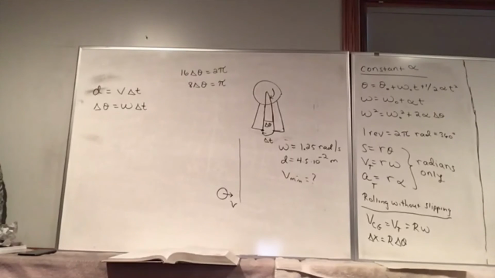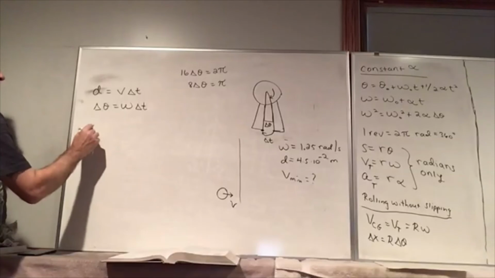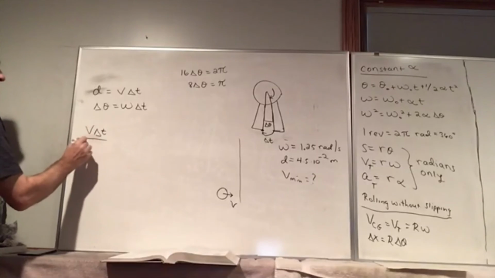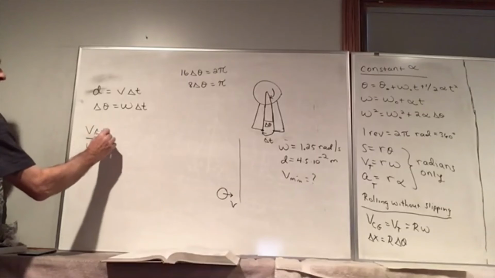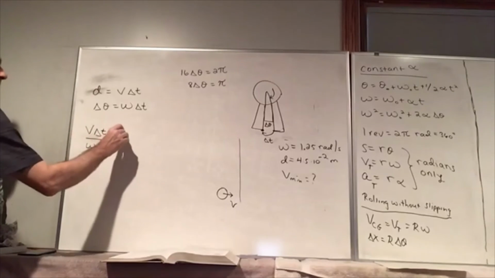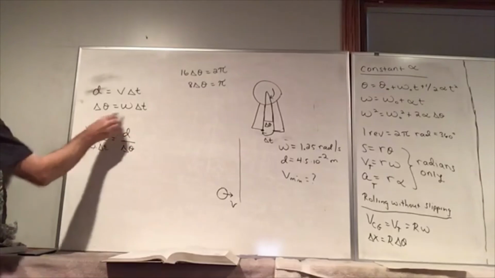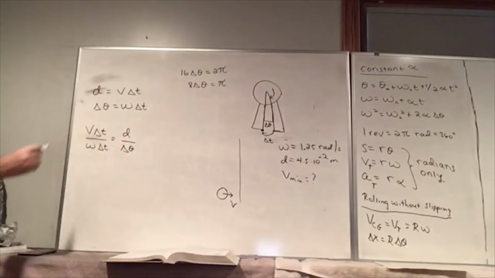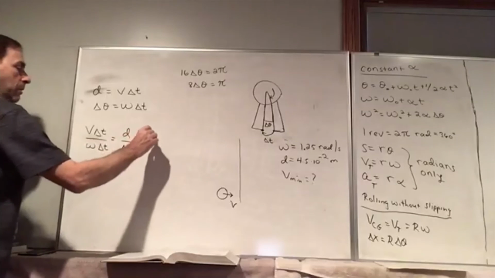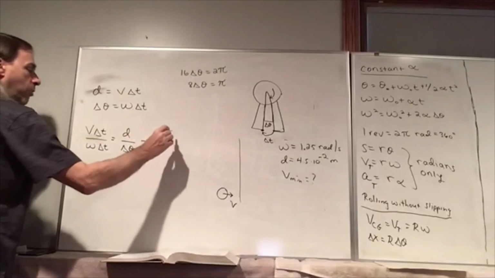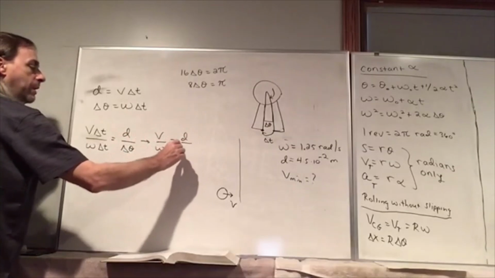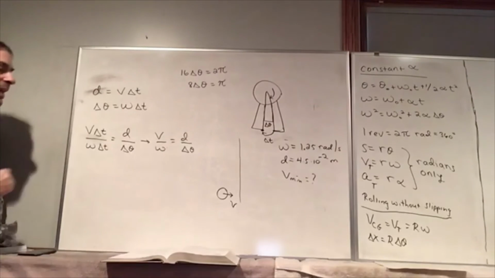We want to solve for v. So again, I think we can do this little trick where we just divide these two equations. Let's say v delta t divided by omega delta t. V delta t is d, and omega delta t is delta theta, so the delta t's cancel out. So v over omega is d over delta theta.